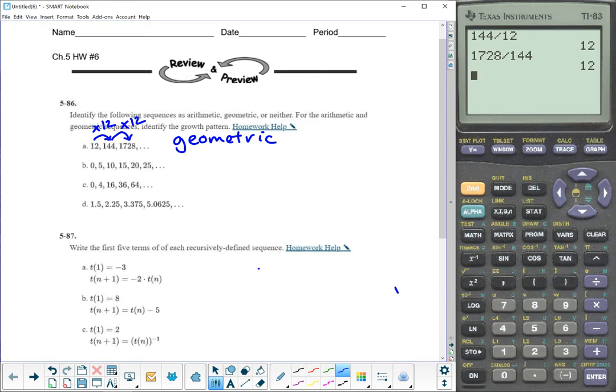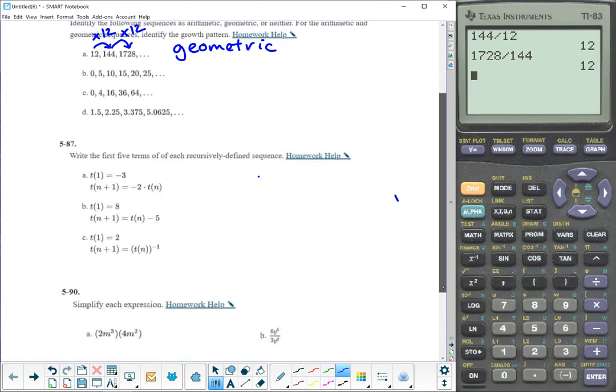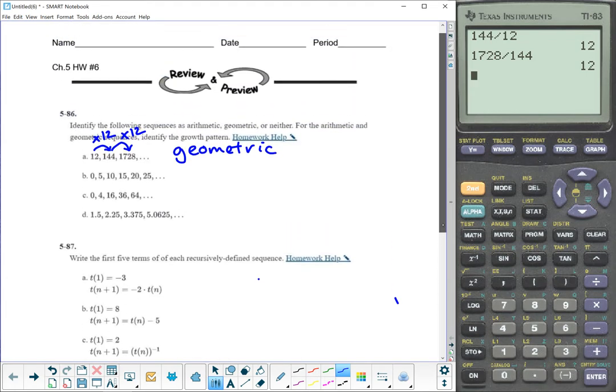For arithmetic, it's called a common difference, and we use the letter S for that.